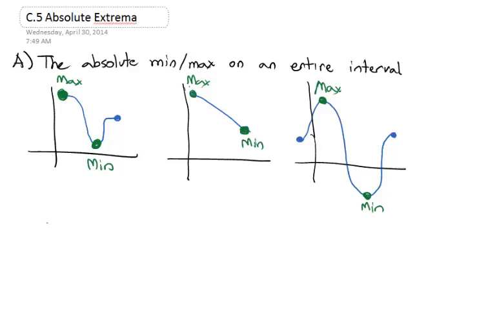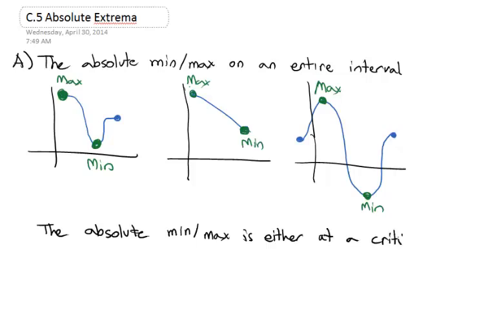And so you can see that these absolute min or maximum points occur either at a critical number, remember that's when f prime of x is equal to 0, or at an endpoint.